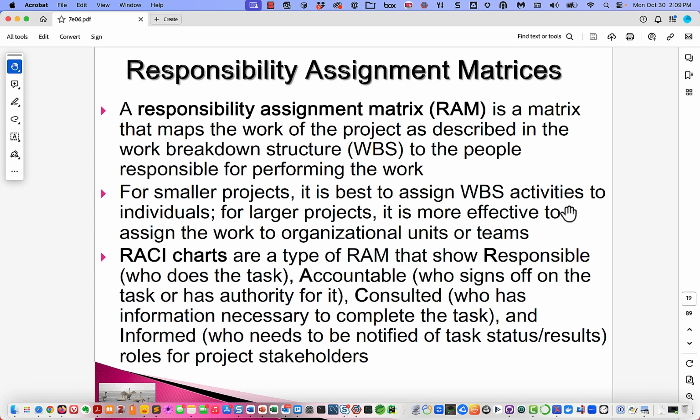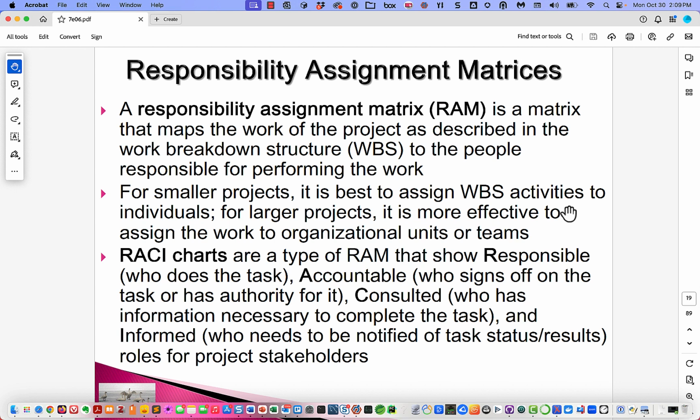So in smaller projects, what are we going to assign responsibility for? We're going to assign responsibility for activities. These are things that are in the schedule. Okay.